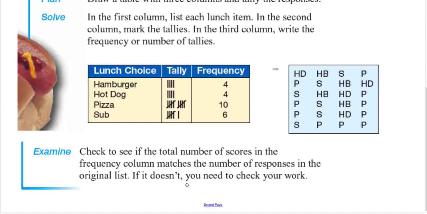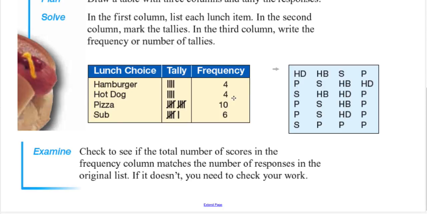If it doesn't, you need to check your work and see where you probably skipped a tally mark. If you look at this, 4 plus 4 plus 10 is 18, plus 6 will give us 24. And if you notice, there are 24 pieces of data. More or less, our answer is correct. And that is how you create a frequency table from a table of values.